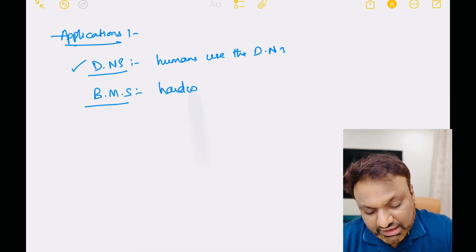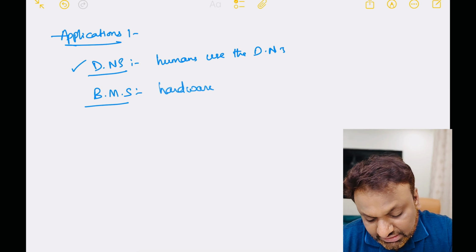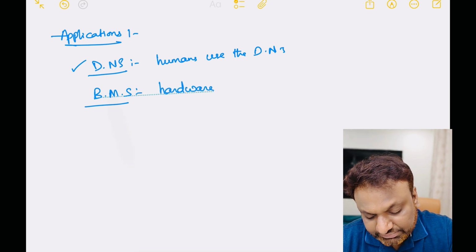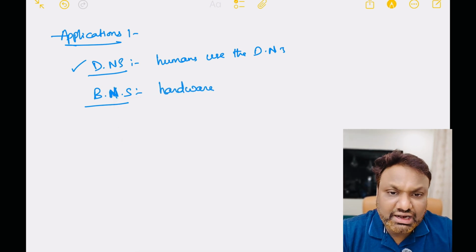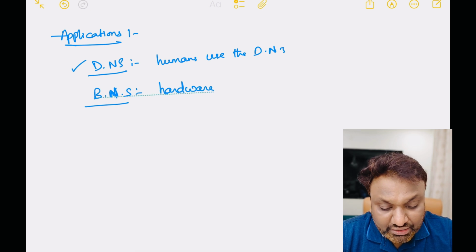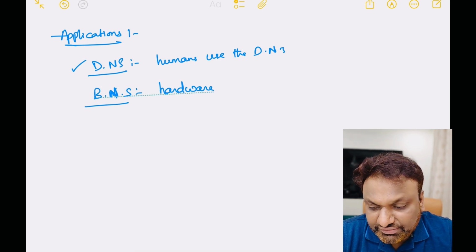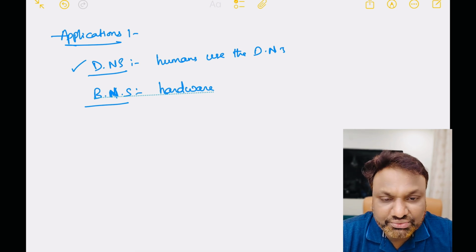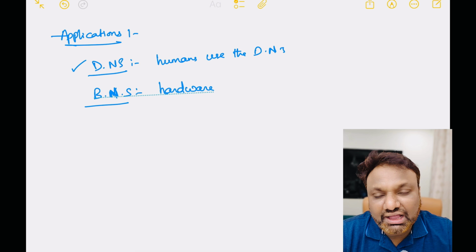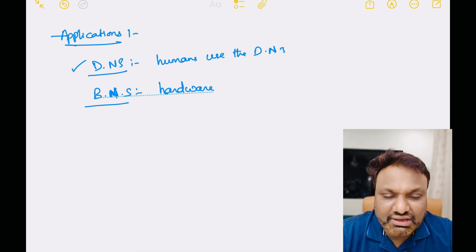Binary number system is for hardware. What is meant by hardware? For example, a mobile phone has internally a chip, an IC. How is that IC formed?